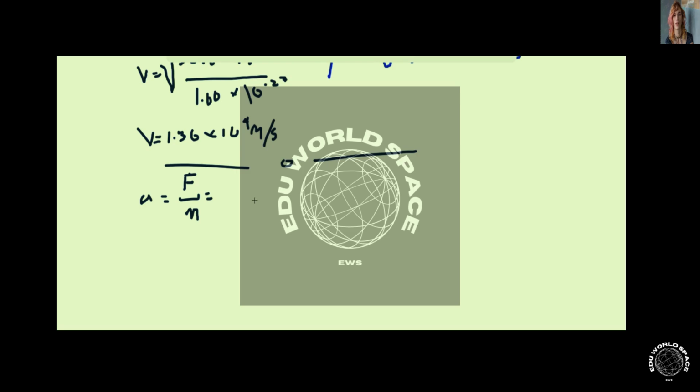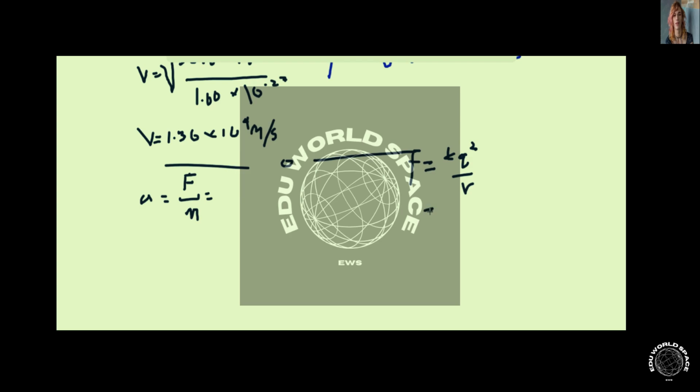Actually, we don't know the maximum force yet, since we need to calculate that, and the proton acquires its maximum acceleration when the force on it is maximum, when the two protons are at rest. To find the maximum force, we know that F is equal to kQ, once again Coulomb's law, over the radius.